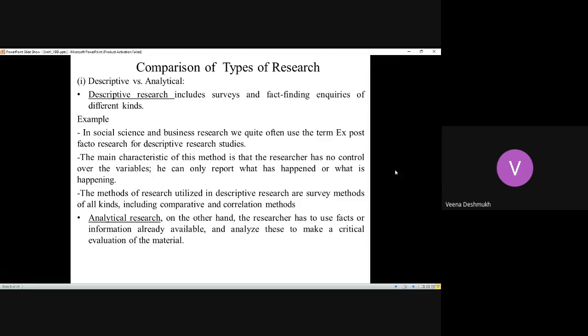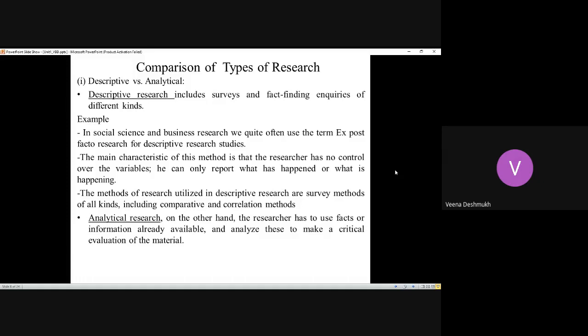Now the next part includes comparative and correlation methods. Correlation is like you are comparing with previous results in the survey, or you have already carried out a survey last year, and now again you are carrying out a survey during the same period this year, trying to compare the results of both surveys.